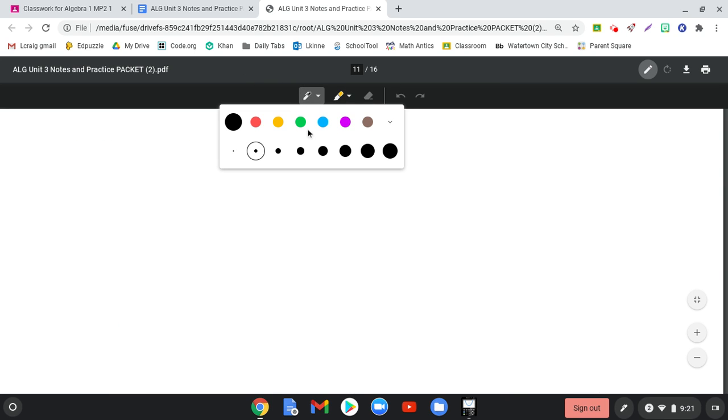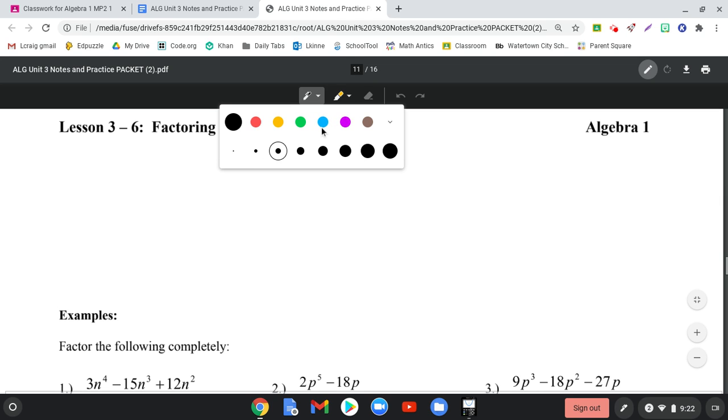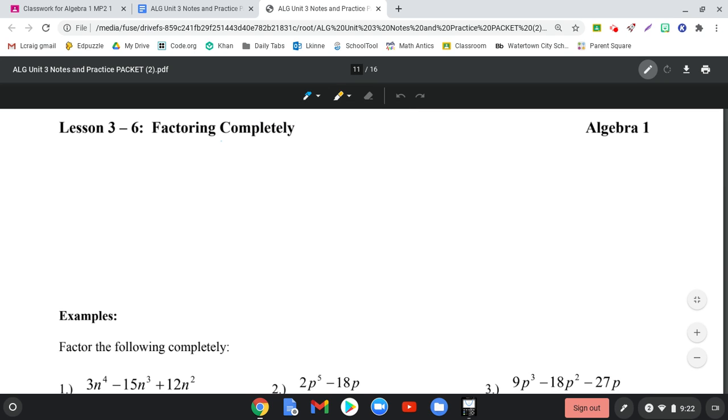So factoring completely, if you want to do something completely, it means you don't just want to do part of it. You want to do the whole thing. So basically what that means when I see factor completely is I'm going to factor more than once. And basically there's two ways to factor.